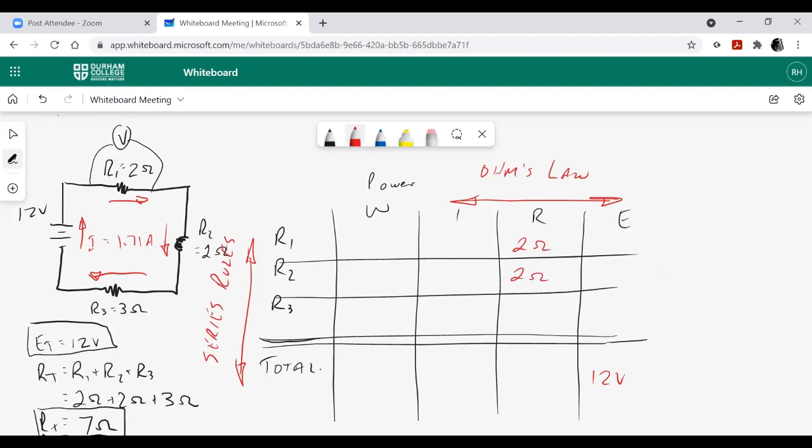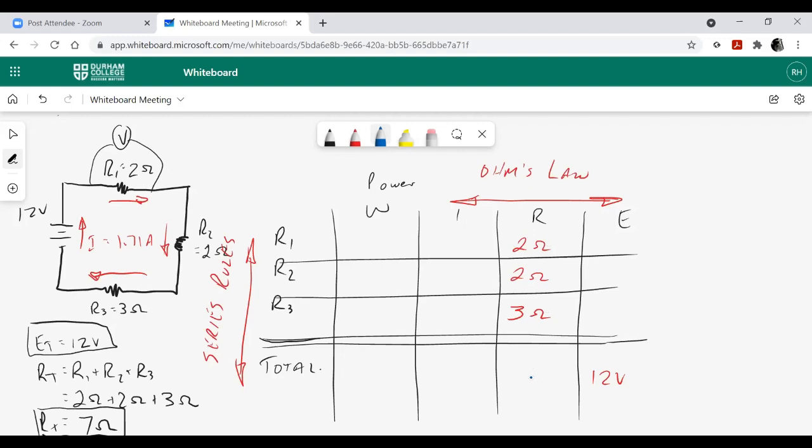My resistance at R3 was 3 ohms. Okay, so those are my given values. Now you can see I've got all my individual resistance values. The only thing that I've got left here is my total value.